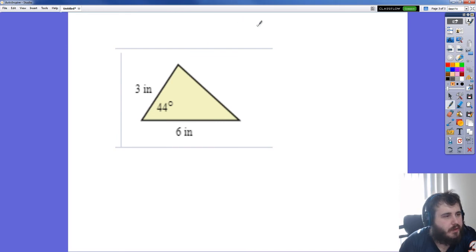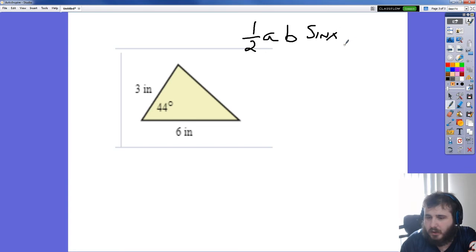But the formula here is 1/2 times side A times side B times the sine of the angle X. It looks like I am, hopefully it didn't just jump in your feed. I had a little scrolly doohickey for a while.